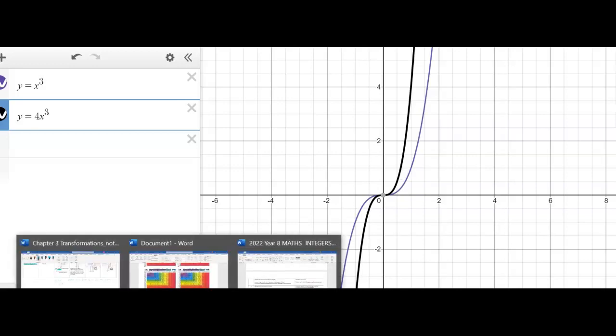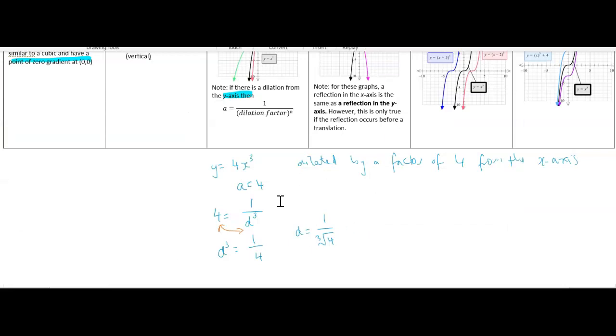That's why we usually say from the x-axis, but there's nothing wrong with writing that. All right, if we're doing it from the y-axis, dilated by a factor of 1 over cubed root of 4 from the y-axis.